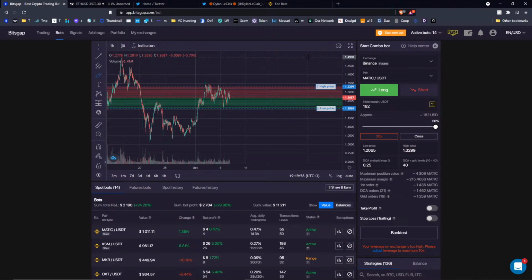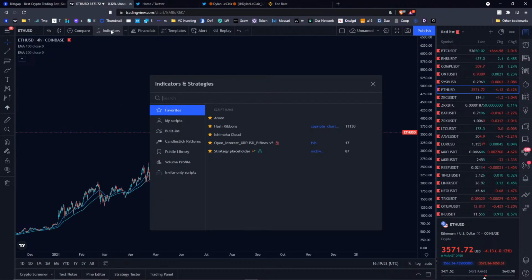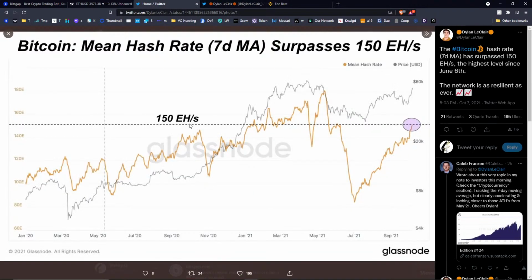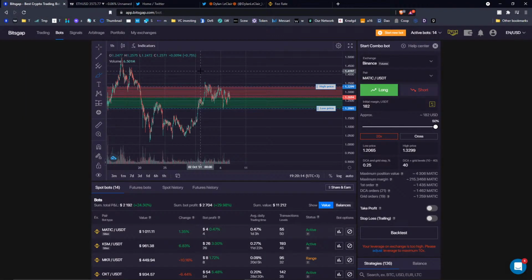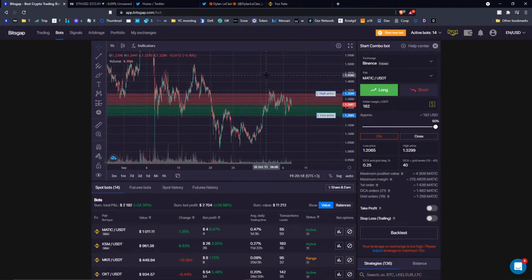And do not forget to use other tools, not just ordinary indicators, but also some on-chain analytics like this one and this one, to really see what's the current state of the network. It's strengthening or it's weakening.